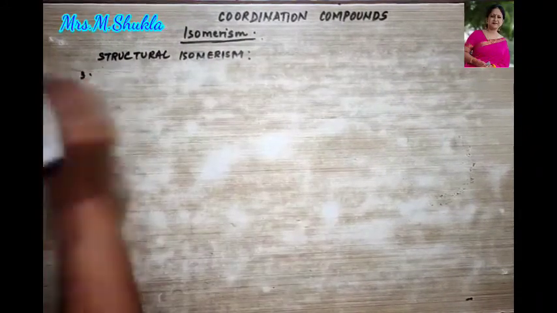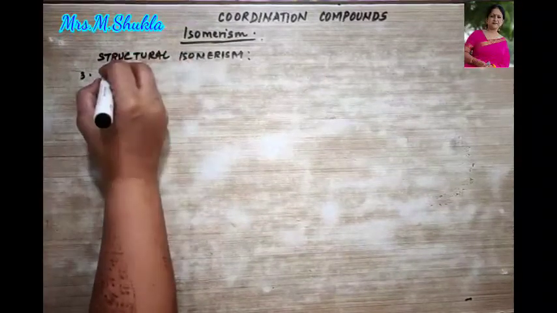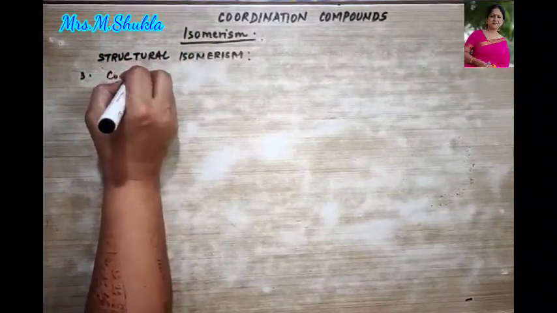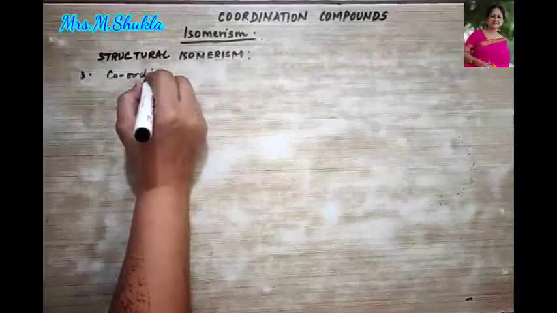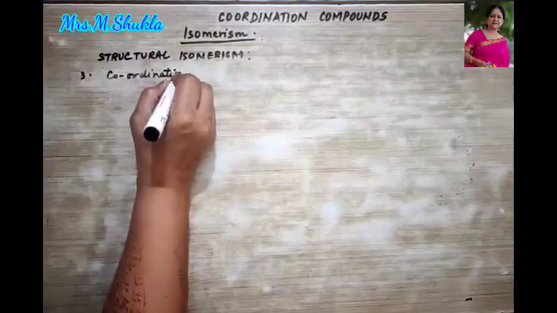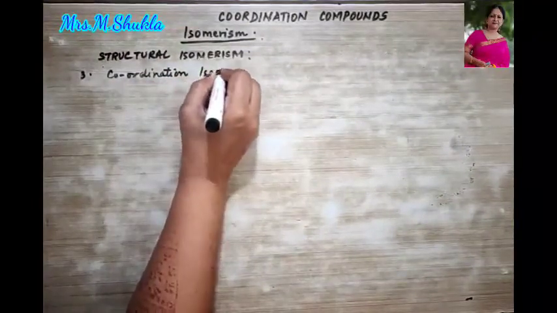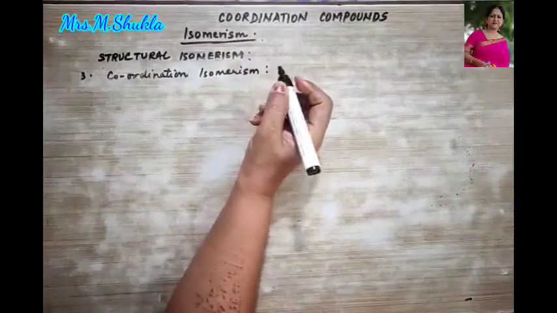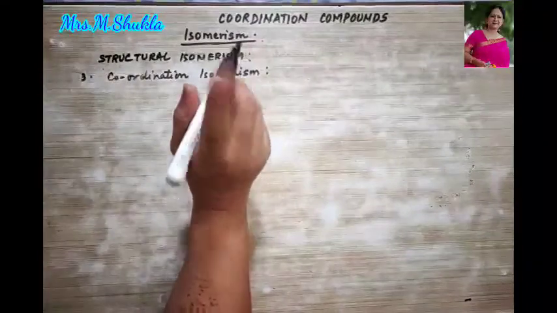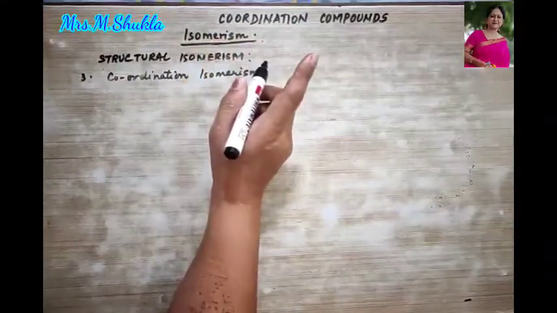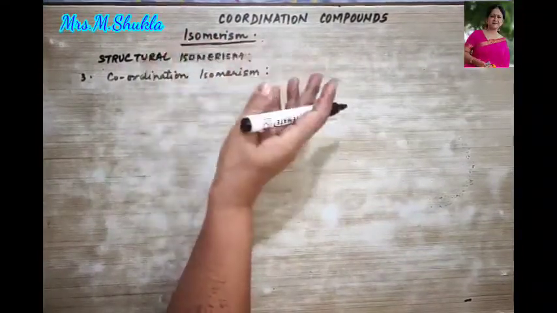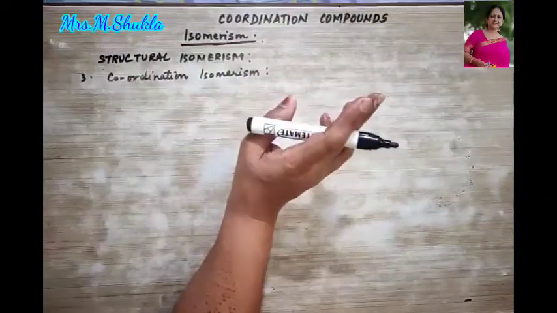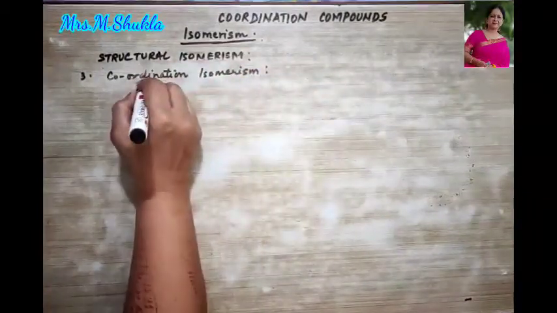The third kind of structural isomerism is called coordination isomerism. Okay, here when both cations or anions of the complexes are interchanged, then they form coordination isomerism.